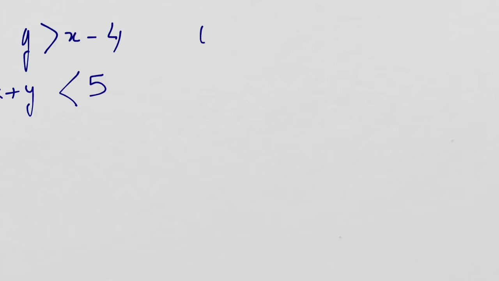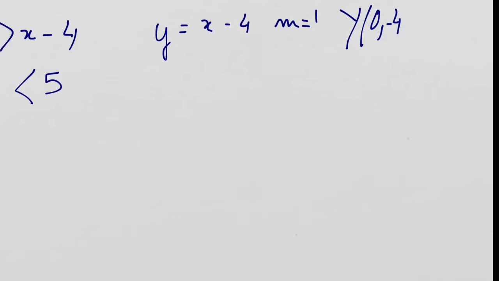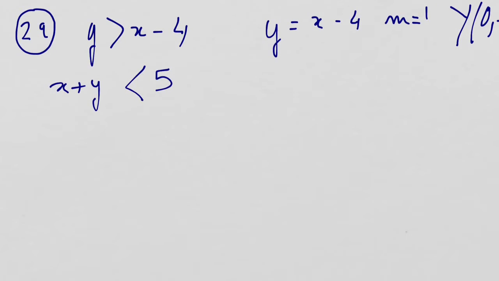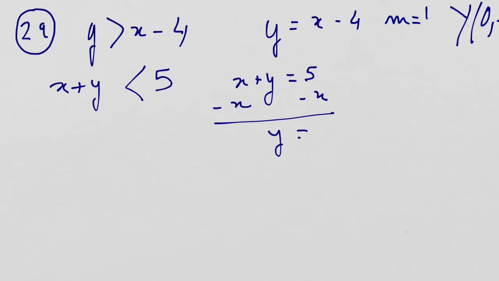First, we have y equals x minus 4 with a slope m equal to 1 and a y-intercept (0, -4). And for the other one, we have to write x plus y equals 5. Then we need to subtract x from both sides in order to have y by itself: y equals 5 minus x, or y equals minus x plus 5.